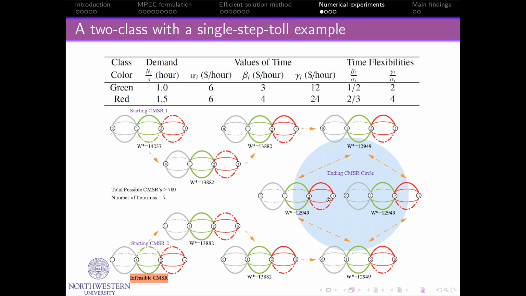This means that the solution is on the boundary of these 4 CMSRs, and the property of this solution is that there is no idle time in the toll periods, and also the first commuter during the early arrival window and the last commuter during the late arrival window will have zero travel delay.